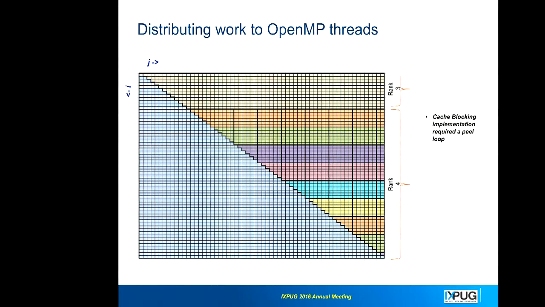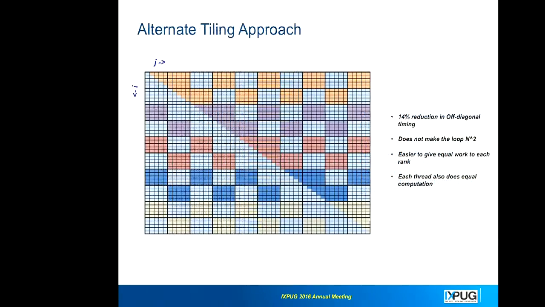If one thread gets this set of atoms, it had a lot of work to do, and when another thread takes this set of atoms, it has fewer atoms. So you had to have dynamic balancing with this kind of structure. We wanted a better solution, so we went to an alternate tiling approach.